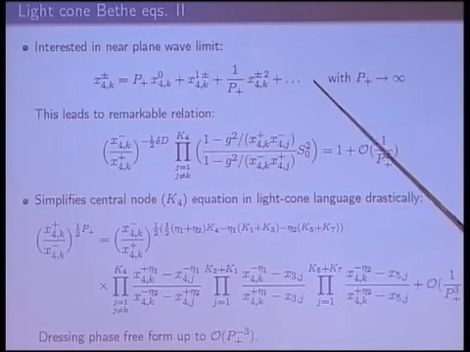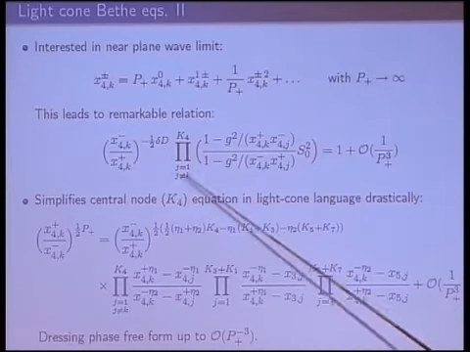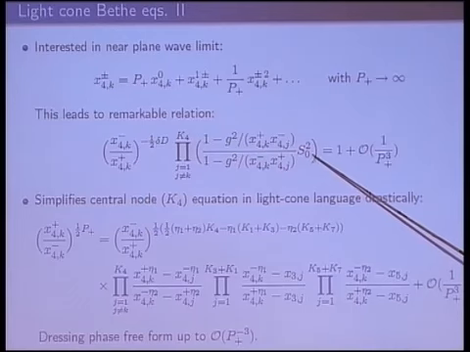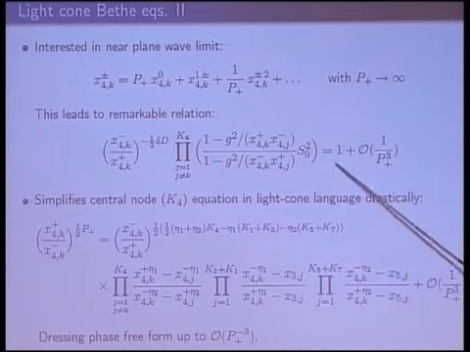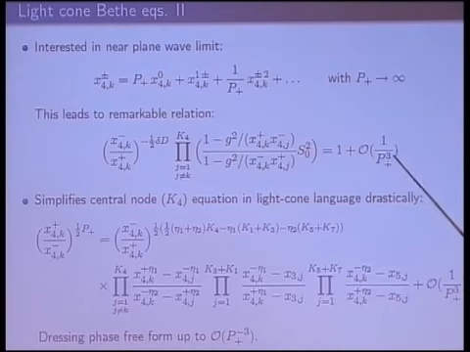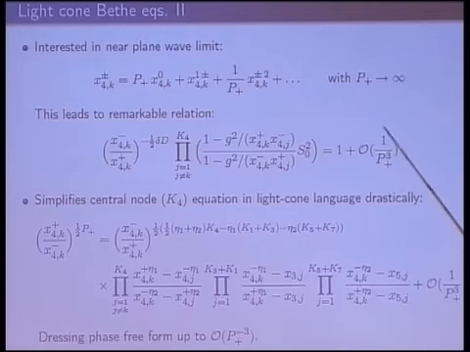And the remarkable relation which one has in rewriting these equations now is that by including the first correction to the dressing factor in this limit, this combination here is actually equal to 1. And the first correction starts at order 1 over P+ cubed. If you include the next correction, so the Hernandez-Lopez term, this exactly acts at this order, but it doesn't kill it. So there is a true 1 over P+ cubed correction, unfortunately.